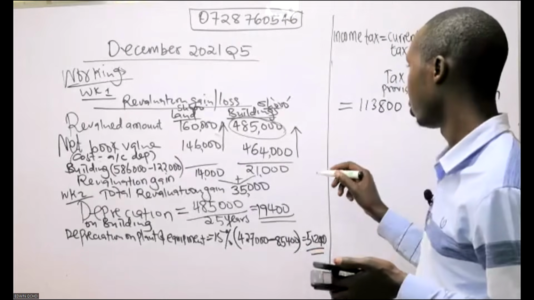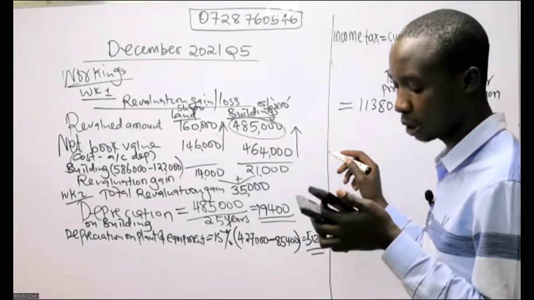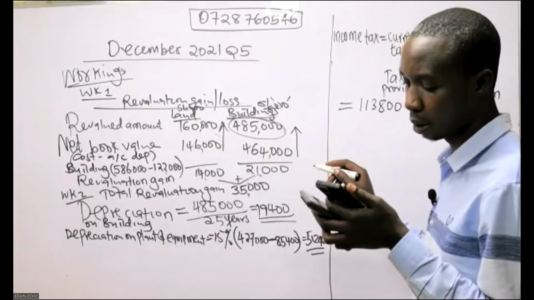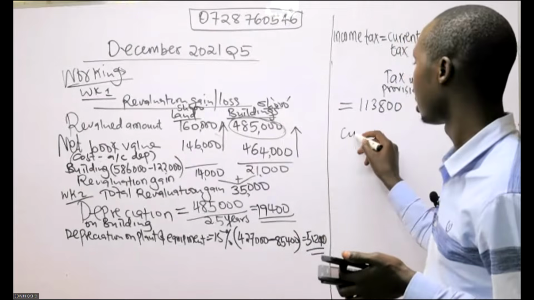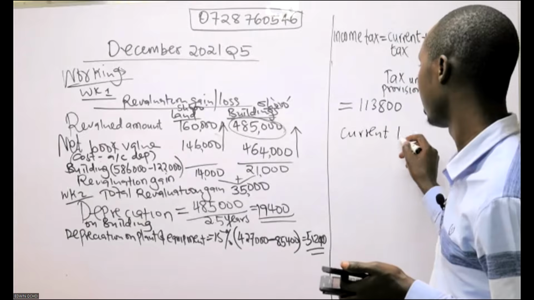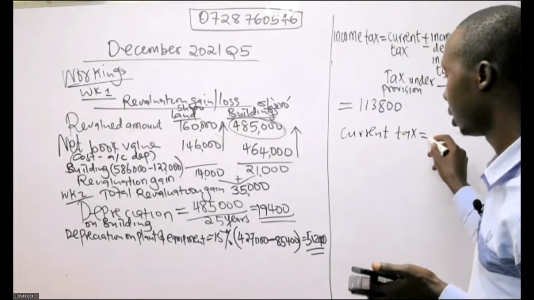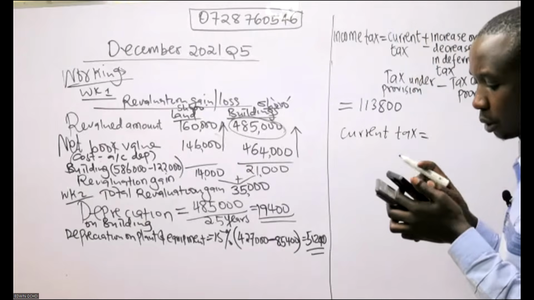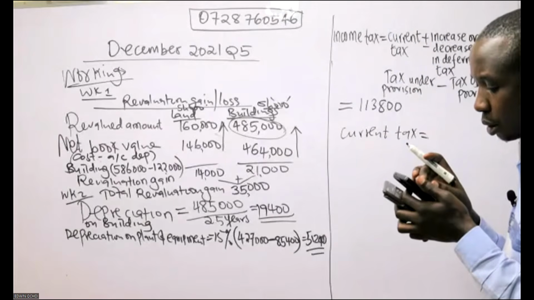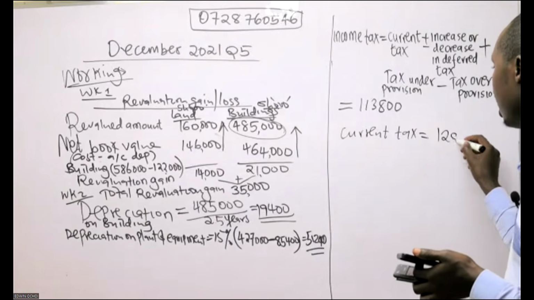Then they talk about the balance of the current tax in the trial balance. Which amount is that? If you go to the trial balance, we have 12,800.